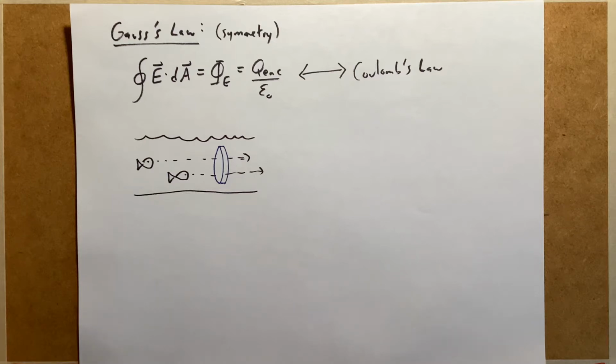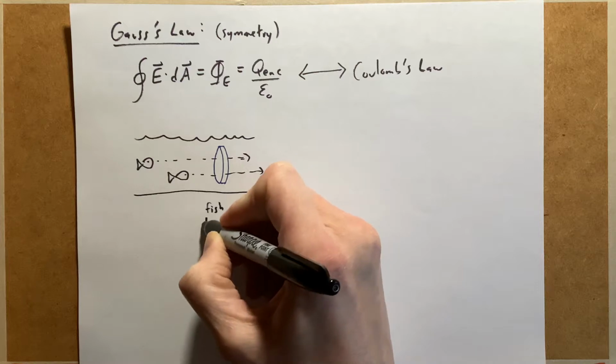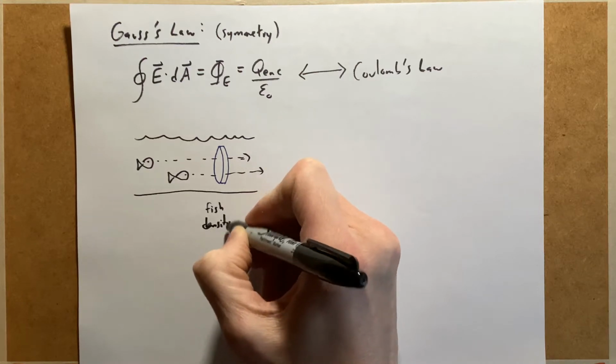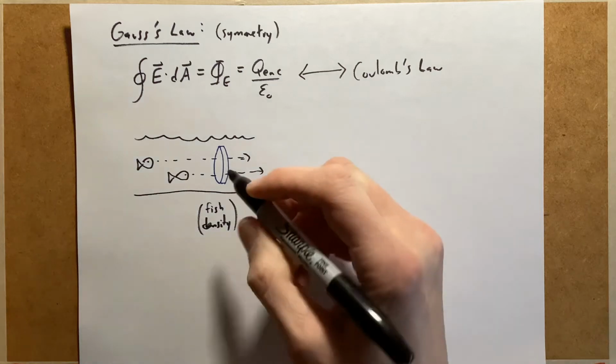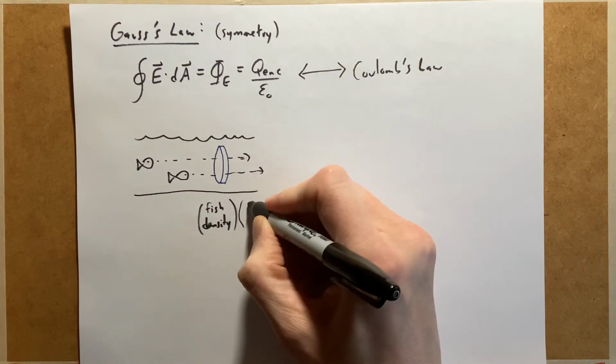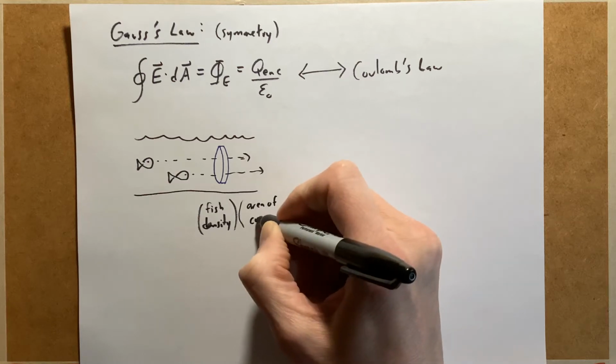So here's the formula that I'm going to suggest. There's some fish density, right? There's some underlying fish population that is impossible to directly measure. You can't count every fish, but there's some underlying fish density. I'm going to multiply that by the area of my counter.